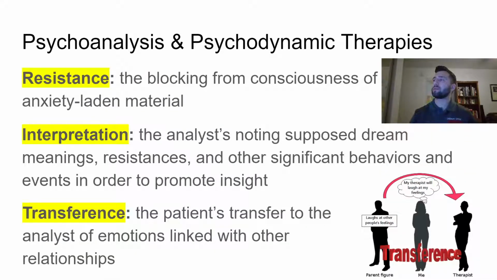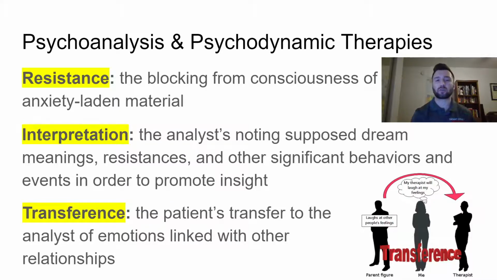So some key pieces when we're talking about psychoanalysis and psychodynamics. We have resistance, the blocking of consciousness of anxiety-laden material. We talked about this when we talked about things like denial and repression, where we're trying to block off these anxiety-laden events, emotions, feelings, and people.